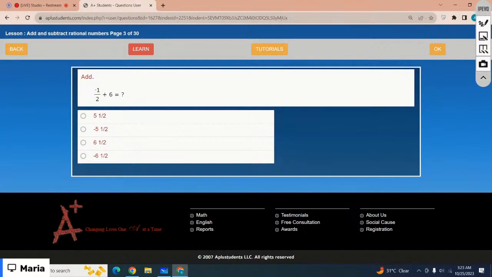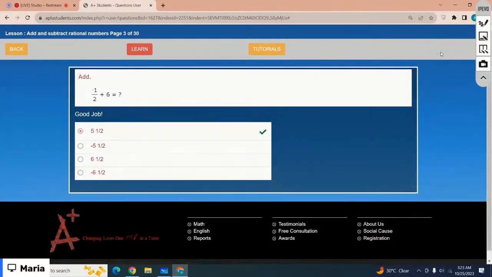So which is the correct option? That would be option number 1, right? That is 6 subtract 1 over 2, right? So when you subtract half from 6, that would be 5.5.